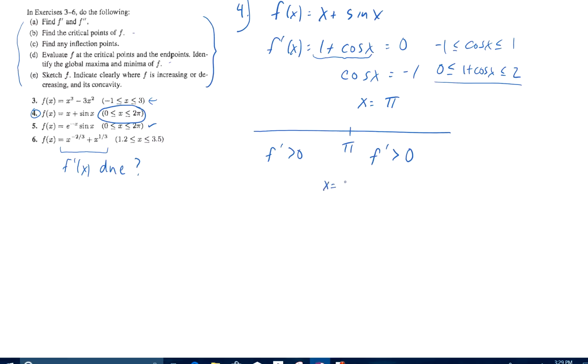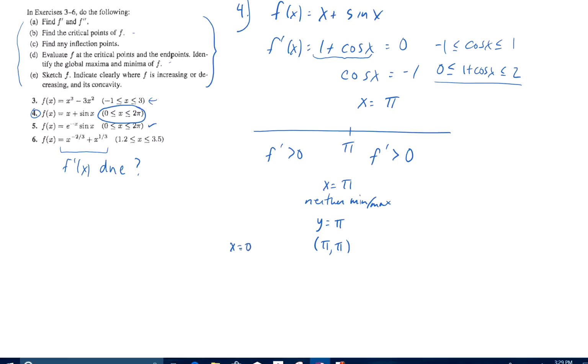That means x equals pi is either a min or a max. And I know the y coordinate at pi is pi plus sine of pi. Sine of pi is 0, so it'll be pi. So this point right here, pi, is neither a min nor a max, but I know it's flat right there at that point.